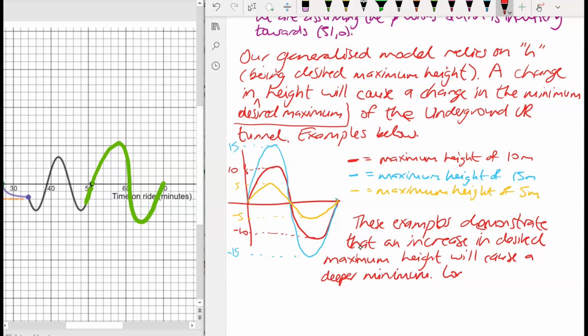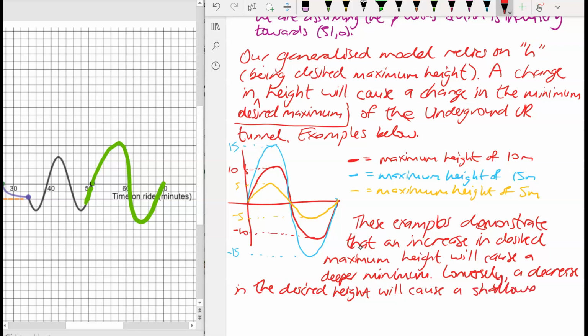And then conversely, a decrease in the desired height will cause a shallower minimum.